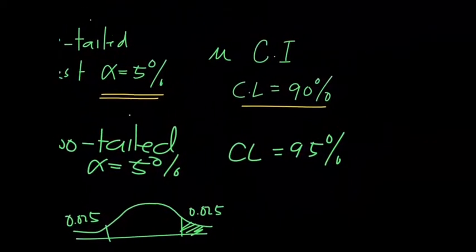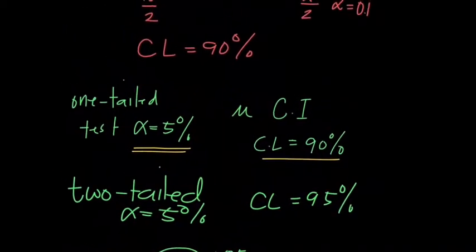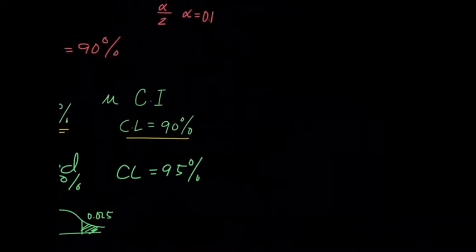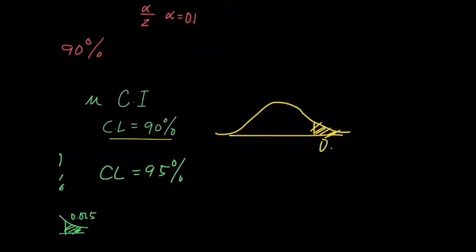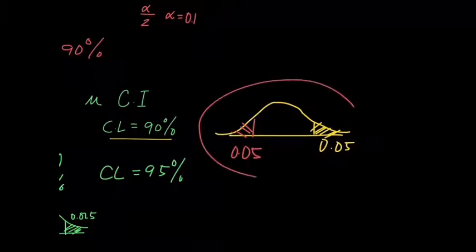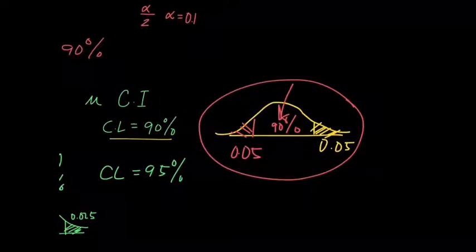Now for the one-tailed, the effect of that is the value alpha is concentrated on one side. It could be alpha on the right, which is 0.05, or the alpha on the left, which is 0.05. And if we combine these two, what we create actually is a 90% confidence interval.